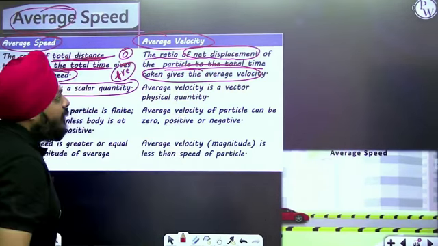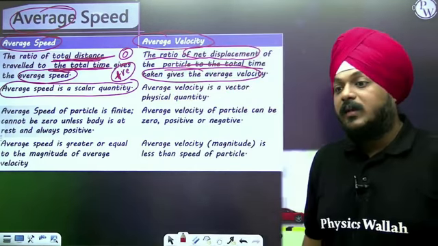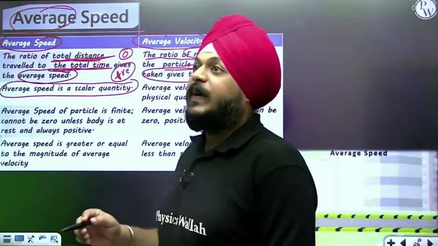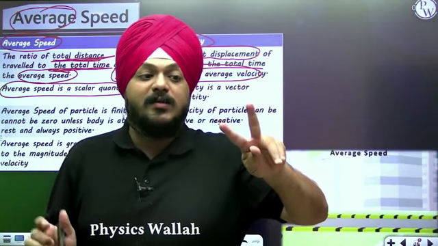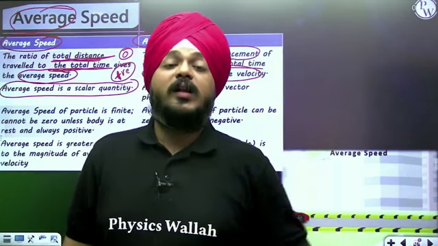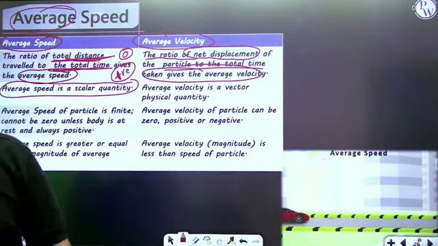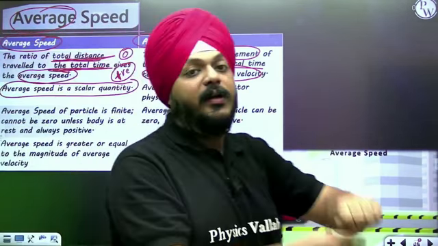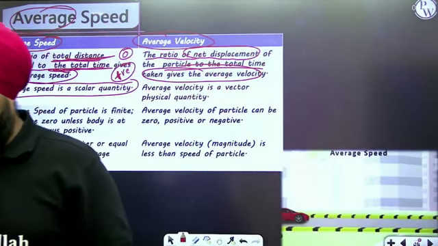Net displacement over the total time. So if we are talking about average speed and average velocity, it means we are talking between the 2 time instances, from where the motion started until the point where it is going to end.